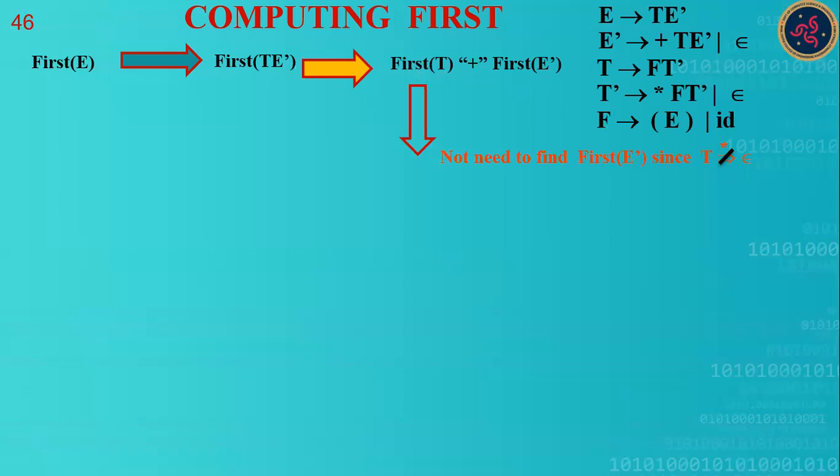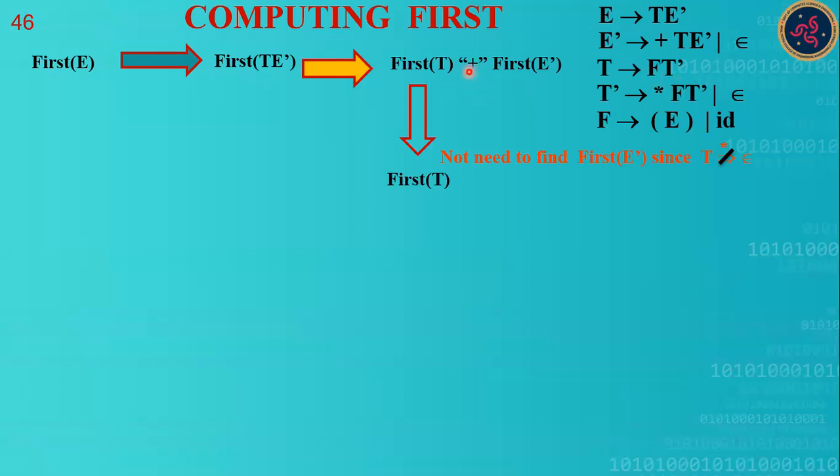So here we are taking the first of T. What is first of T? First of T means, again we need to look at the productions inside the grammar. Here T gives F T prime. So what is first of F T prime?